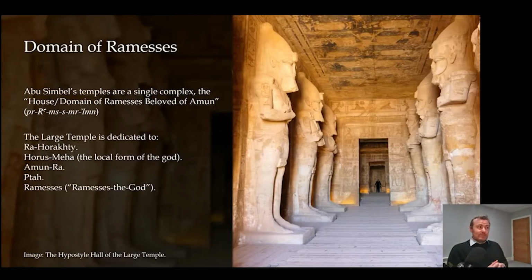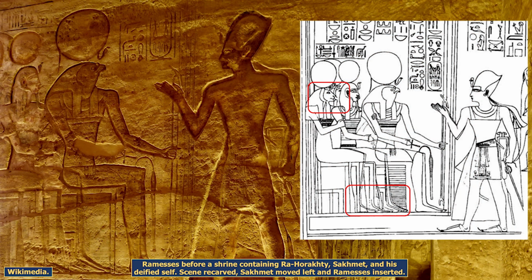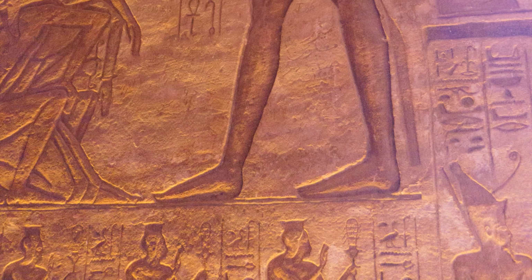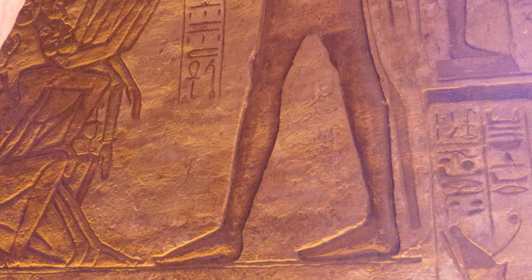Within the large temple, we find there are 5 gods who are particularly emphasized. About a dozen or maybe a few dozen actually appear on the walls, but the main 5 are Ra-Horakhti, the Lord of the Sun, a god called Horus Mecha, which seems to be a local version of Horus for this region.